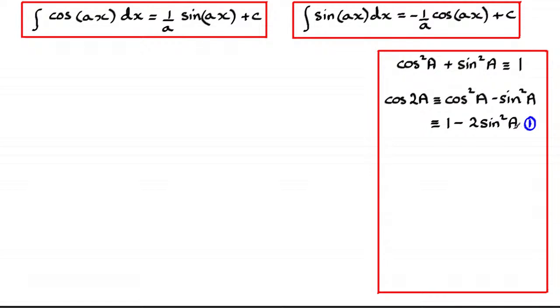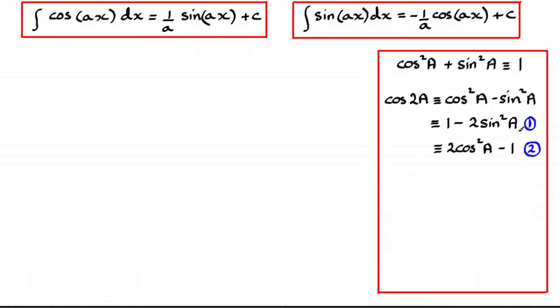And if we do much the same kind of thing and rearrange this identity up here for sine squared A, that's going to be 1 minus cos squared A. Okay? And if we substitute it in here and group together the cos squared A terms, you can check it later if you like, it will give you 2 cos squared A minus 1. And I've called these equations 1 and 2. So where am I taking this?